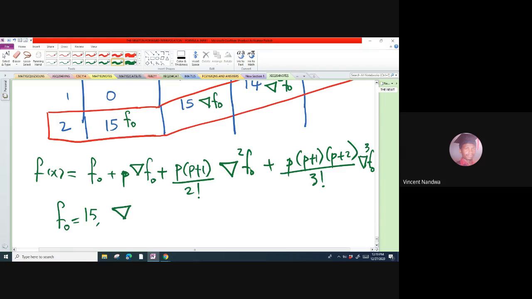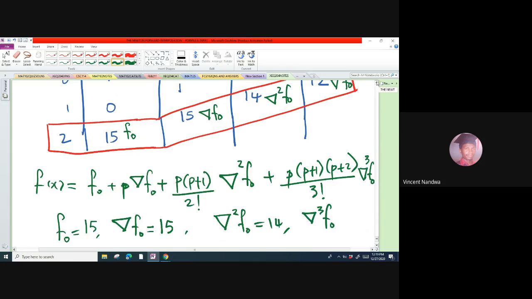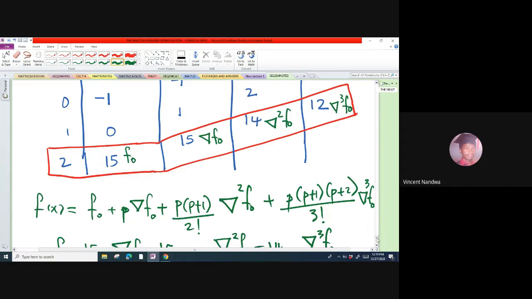Then the first backward of F naught is 15. Then the second backward of F naught is 14. And then the third backward of F naught from this table is clearly 12.